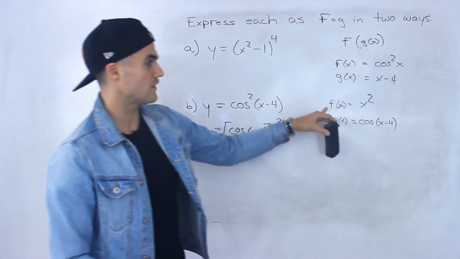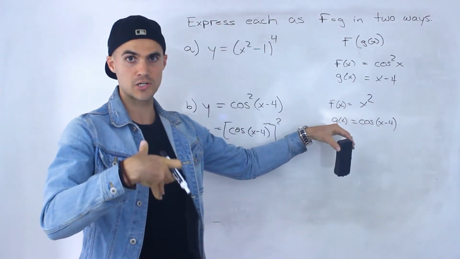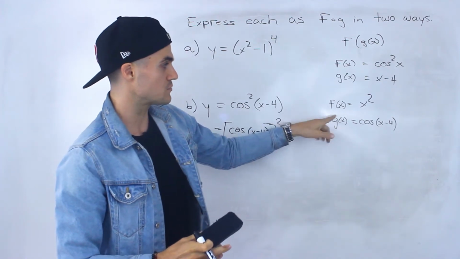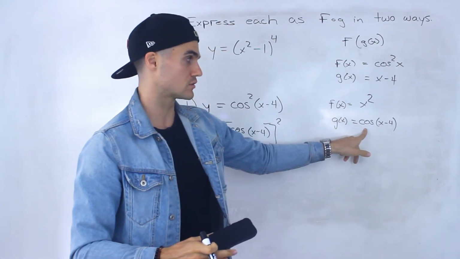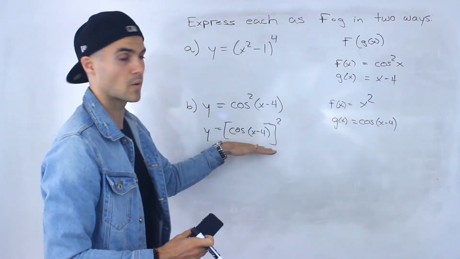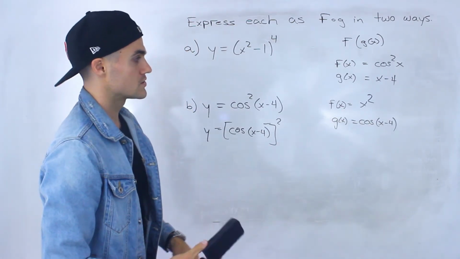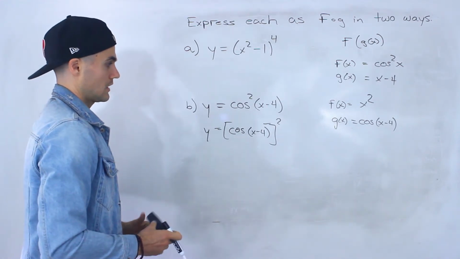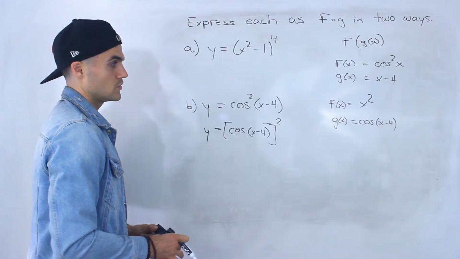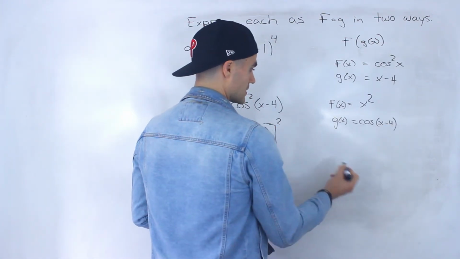Because if f of x is x squared, that means f of an expression is that expression squared. And so f of g of x would be f of this expression, cos of x minus 4, which would be cos of x minus 4 squared. We would end up with that. So that's another possibility.